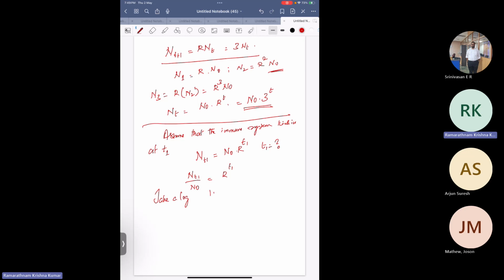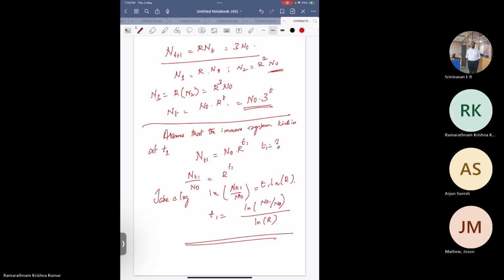So log of N t1 by N naught is equal to t1 into log R. We always take natural logarithm unless told otherwise. So t1 is equal to log of N t1 by N naught divided by log of R.